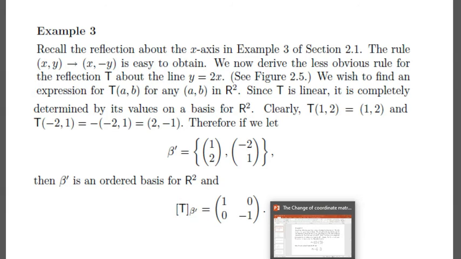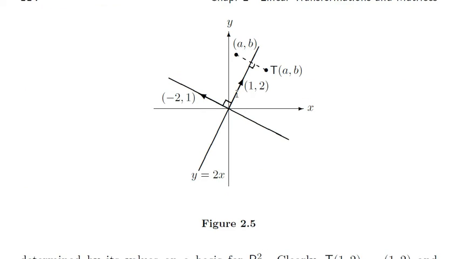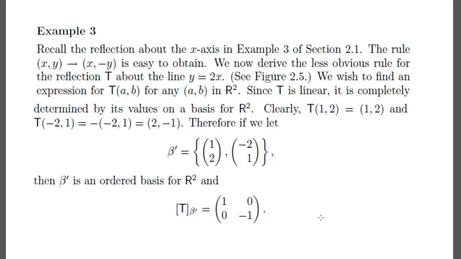See in this diagram that (1,2) lies on the line y equal to 2x. So T of (1,2) will be (1,2), and T of (-2,1), when you are taking reflection about y equal to 2x, will be minus of (-2,1). So we have T of (1,2) is (1,2) and T of (-2,1) is minus of (-2,1), which is (2,-1).